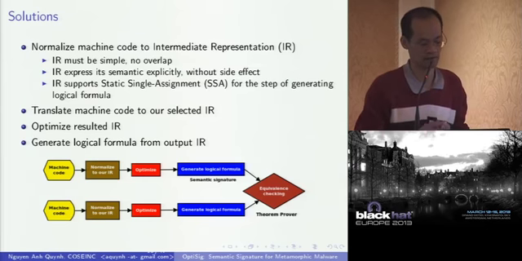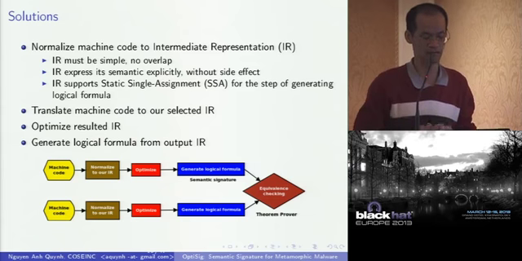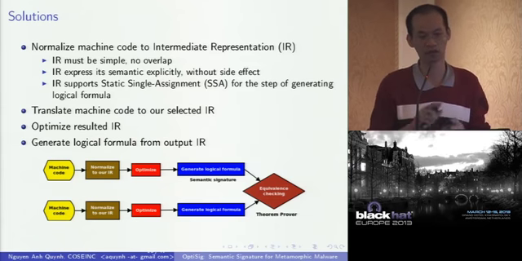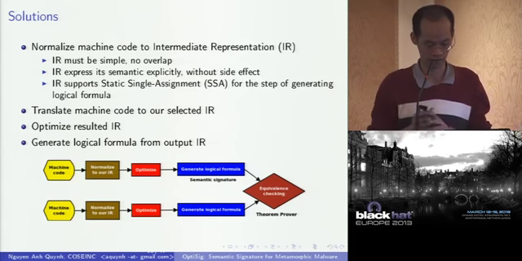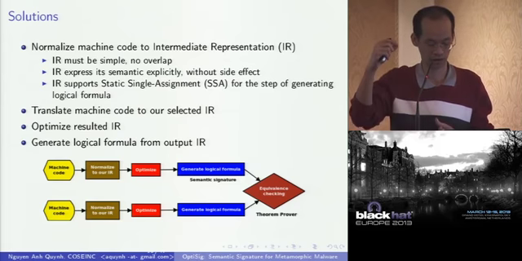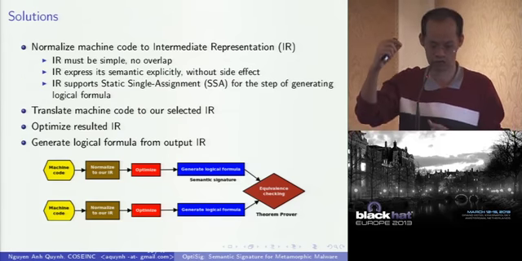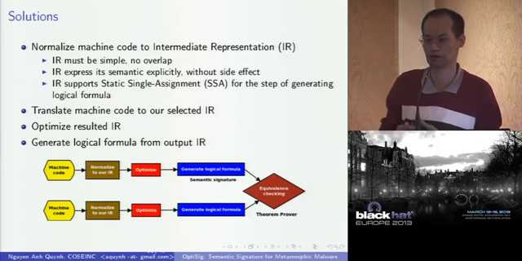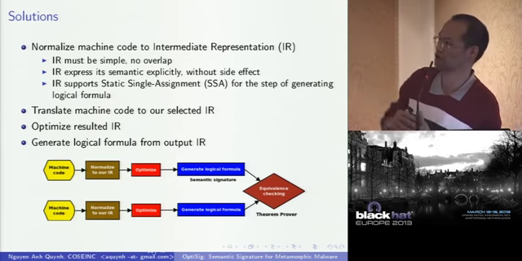Second, the IR must express its semantics explicitly, without side effects. We don't want any side effects inside the IR. And finally, the IR should support static single assignment (SSA), because we need to generate the logical formula from the normalized code. So we have three requirements.